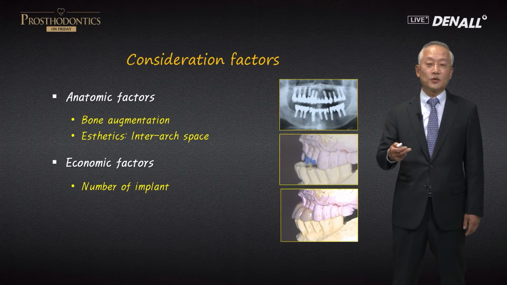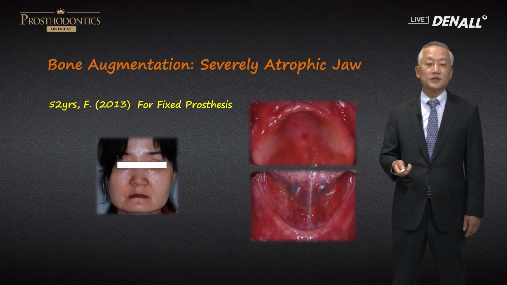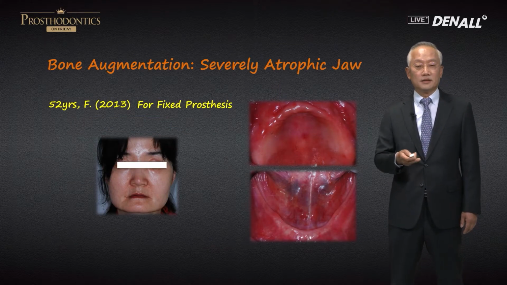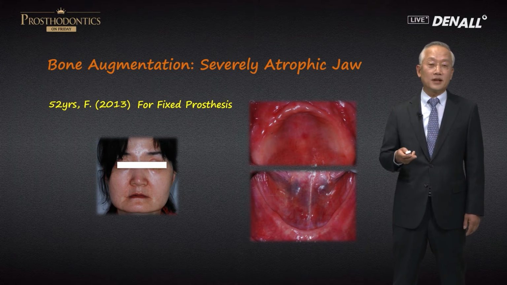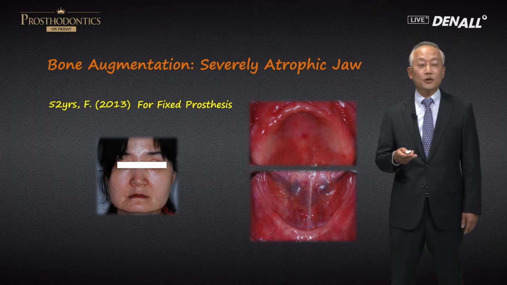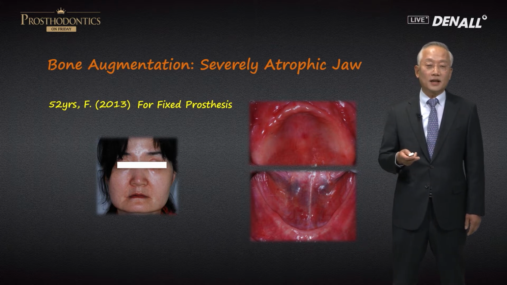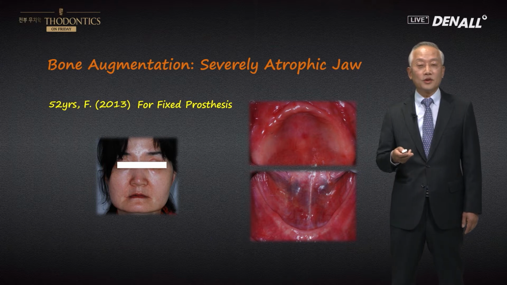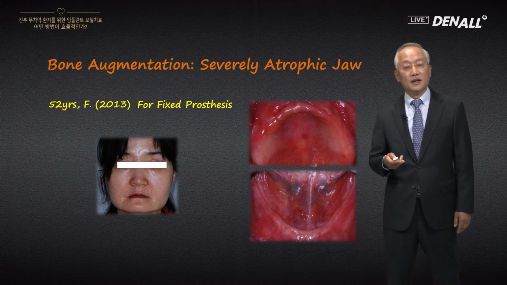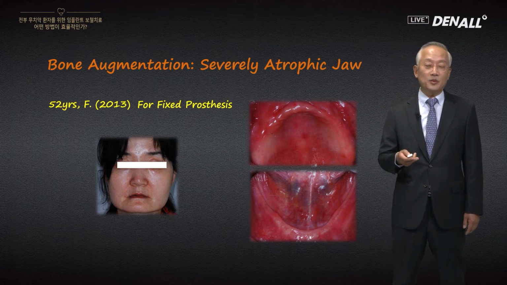Functionally, it is okay, but you need to consider the aesthetic aspect as well to provide good treatment. Bone resorption was very severe and ridge augmentation was required. However, the patient just wanted fixed restoration, and I provided fixed restoration because the patient felt really strong about it.